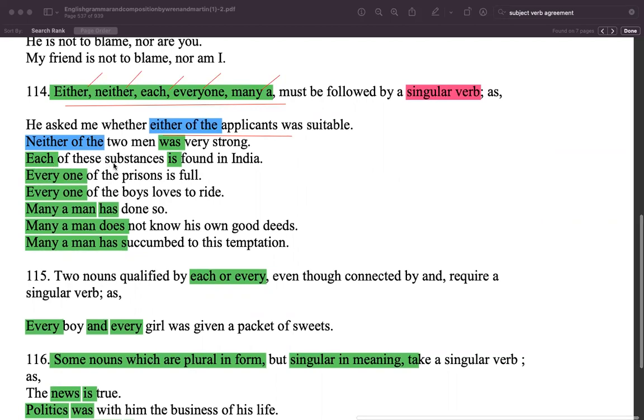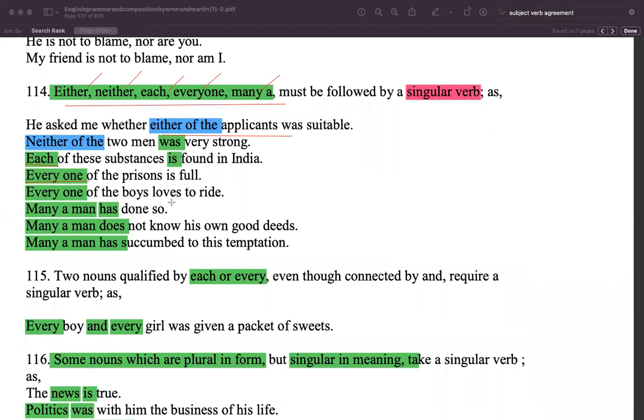Each of these substances, whenever you are using the word each, it shall be used as singular if it is the subject of the sentence. Each of these substances is found in India. Every one of the prisons is full.